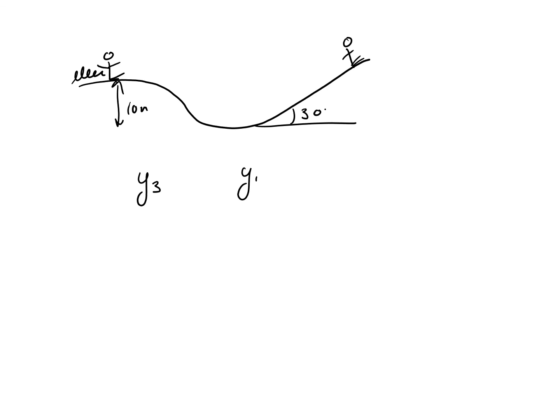So what is the relationship between these? Well, y3 is equal to L sine theta. If I take my L value with the extra sig figs, it's 16.037 for y3, and y1 is equal to 10.